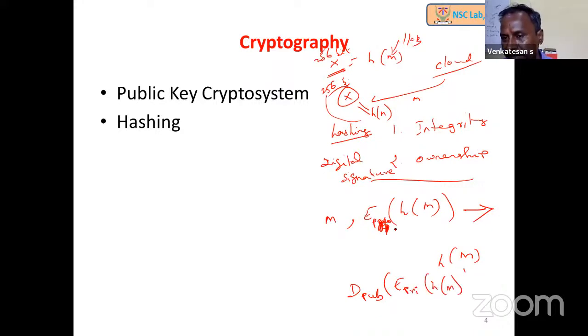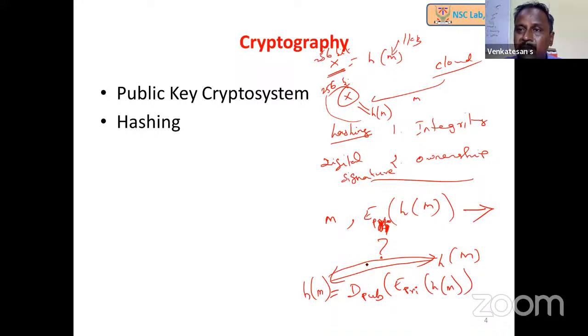So whatever was sent by me as a signature gets decrypted using my public key, and this will produce H of A. And now these two will be compared whether both are the same or not. If both are the same, that means the message is accurate, as well as it comes from so and so source, because he has signed, because he is the only one having the private key.